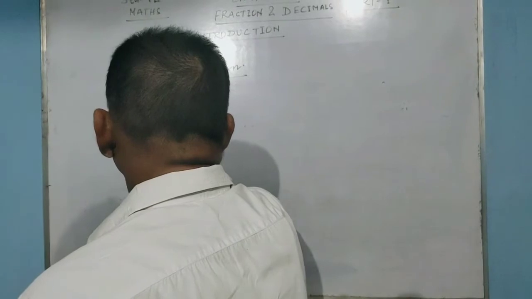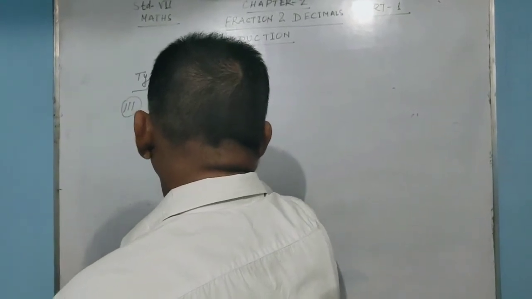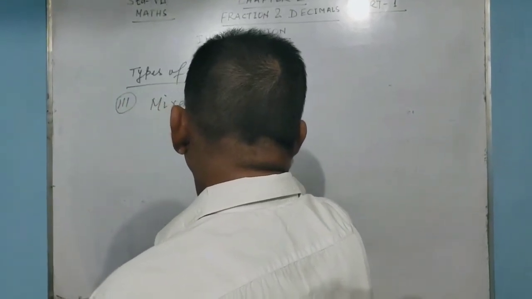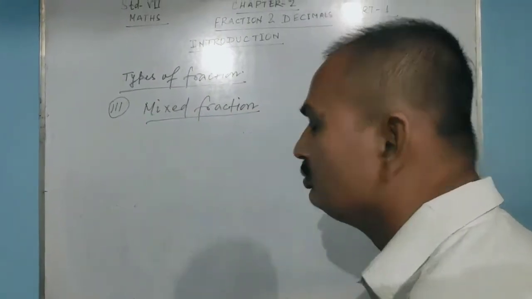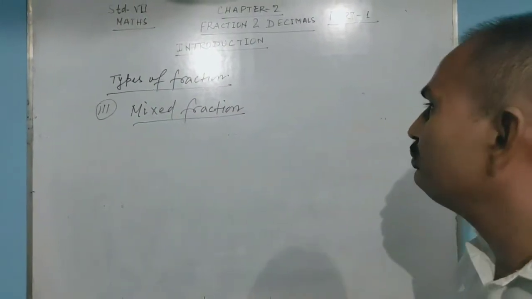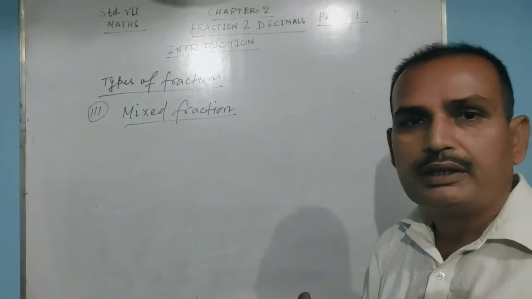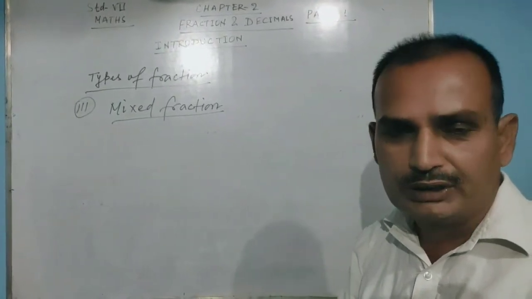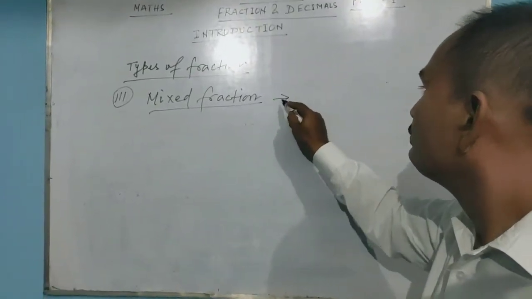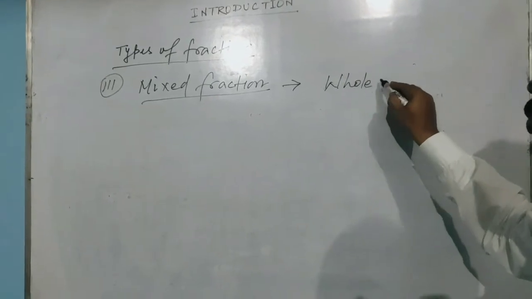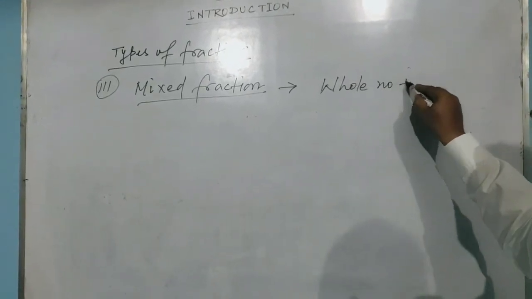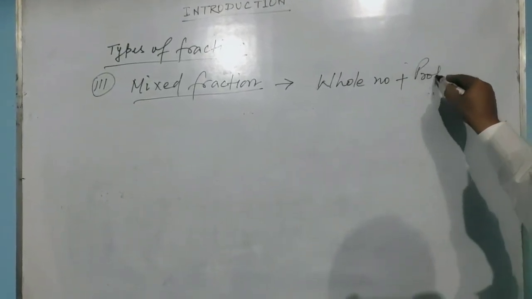Next, third, mixed fraction. A combination of a whole number and a proper fraction is called a mixed fraction. Whole number plus proper fraction.